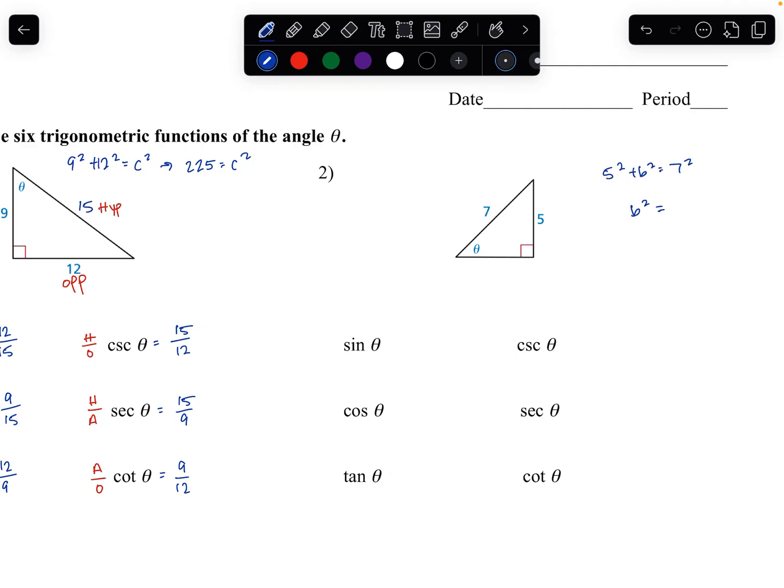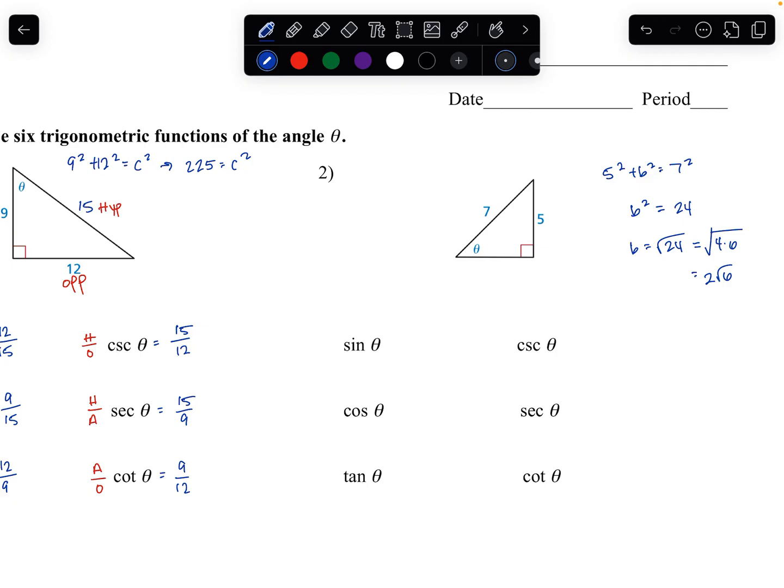So b squared will be equal to 7 squared minus 5 squared, which will be equal to 24. And b will be equal to the square root of 24. But that's also equivalent to the square root of 4 times 6, which would then be equal to 2 root 6.